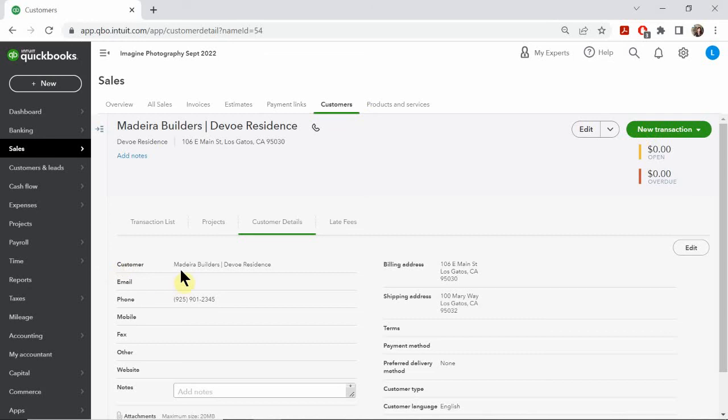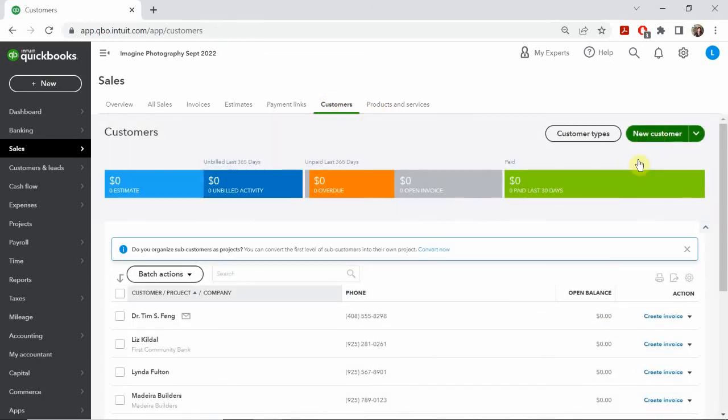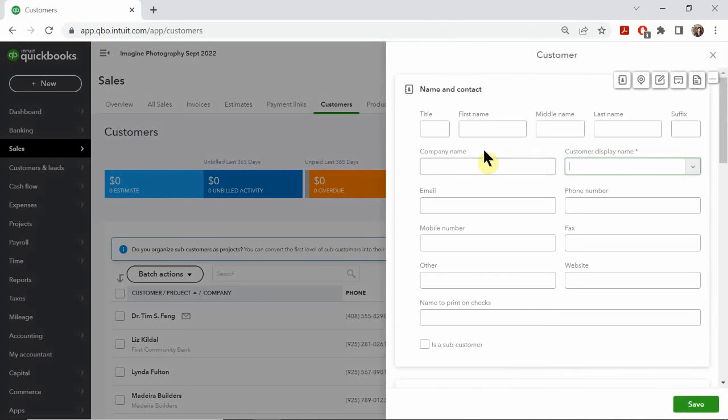Once again, you're going to make sure you go to the customers list here and add a new customer. They're going to be Greg and Drew David.